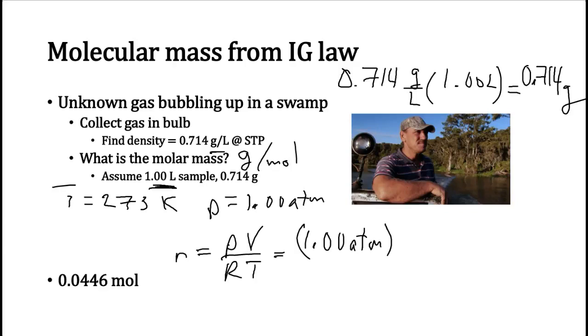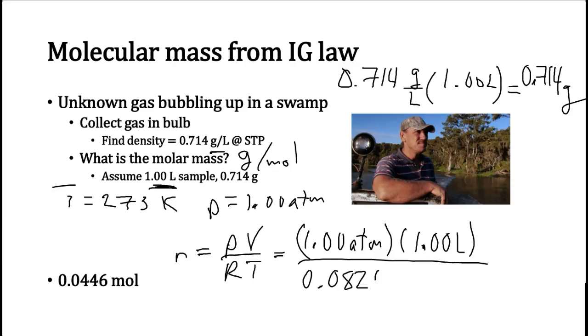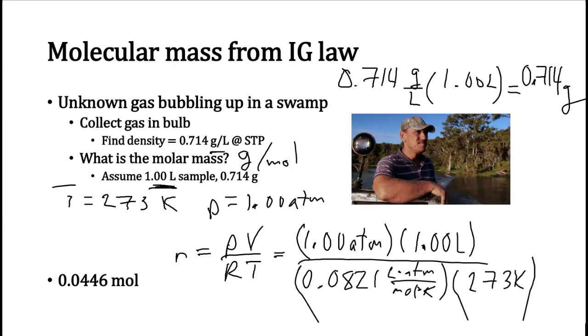We have 1 atmosphere times the volume of 1 liter divided by the gas constant, 0.0821 liter atmospheres per mole Kelvin, times the temperature, which is 273 K. Let me double check that this math is right. You get 0.0446 moles.